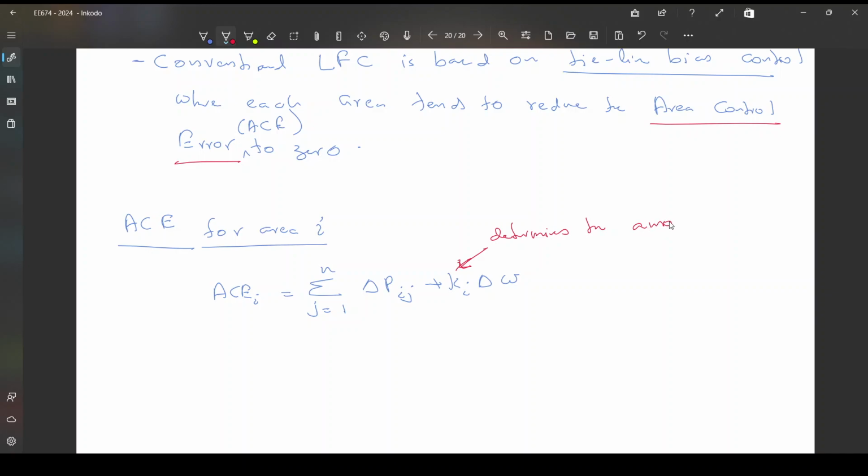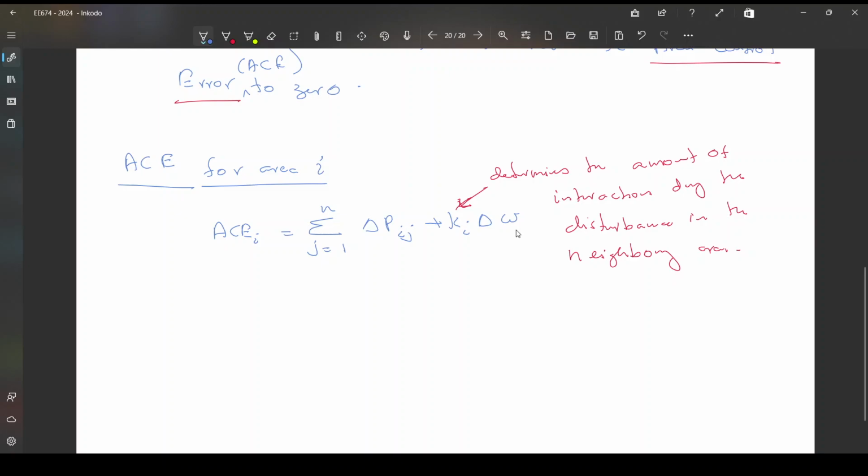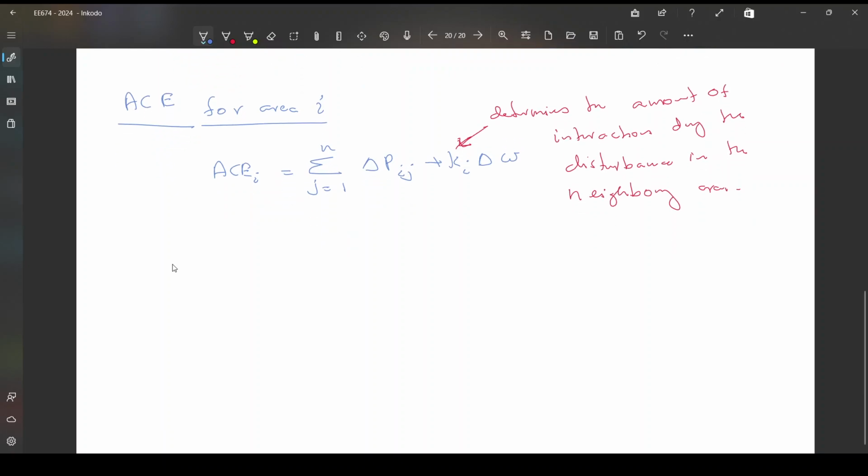How this area will contribute to the disturbance in the neighboring area is determined by this K_i, right?